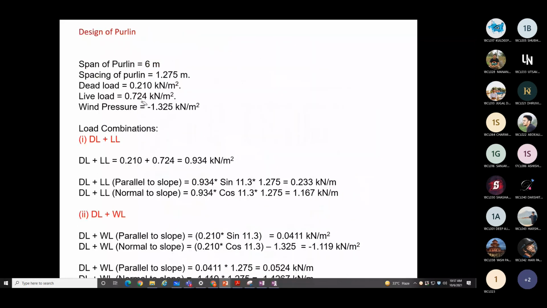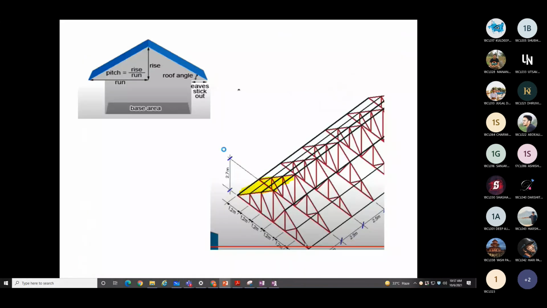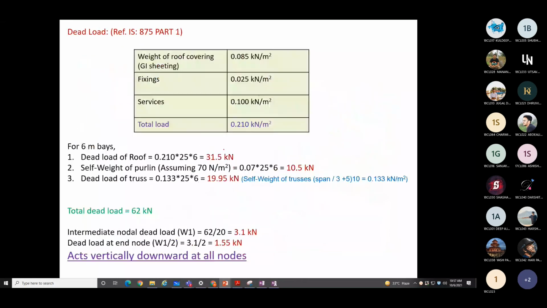Then dead load. Here the dead load is already available with us. If you see the first item over here, the roof load, fixing and service, this 0.210 kilonewton per meter square load is already available.